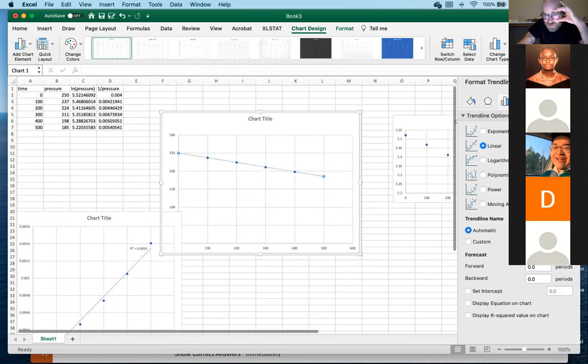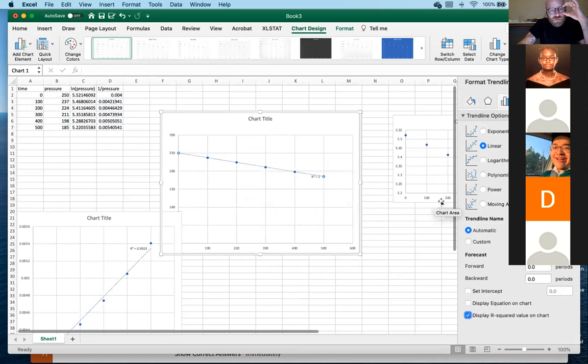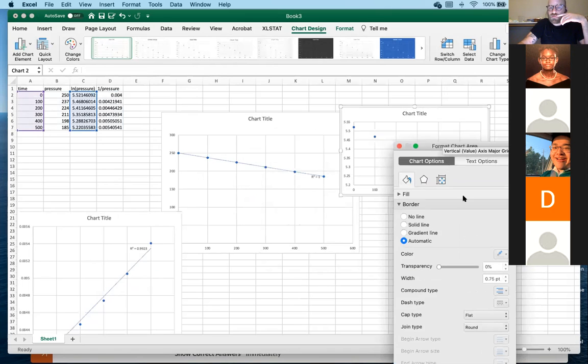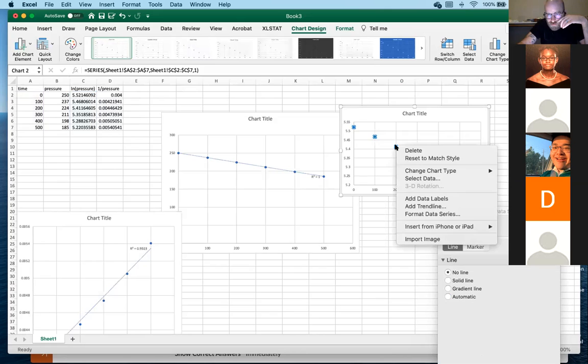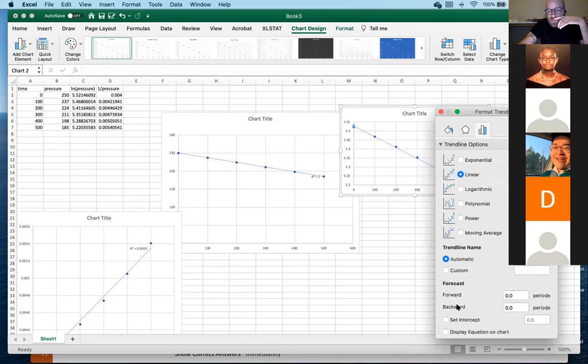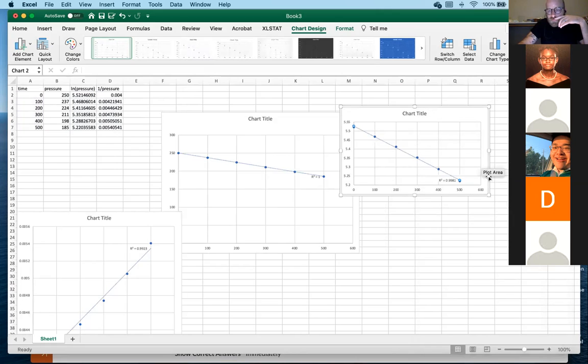Man, that fits pretty goddamn well. R squared is equal to 1. Yeah. What about log then? Yeah, I guess that's that.